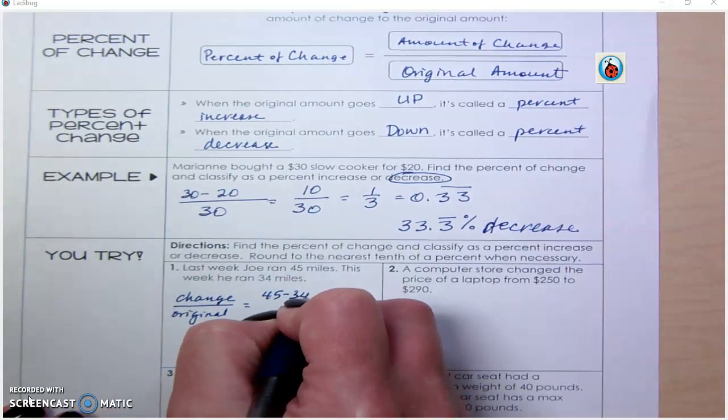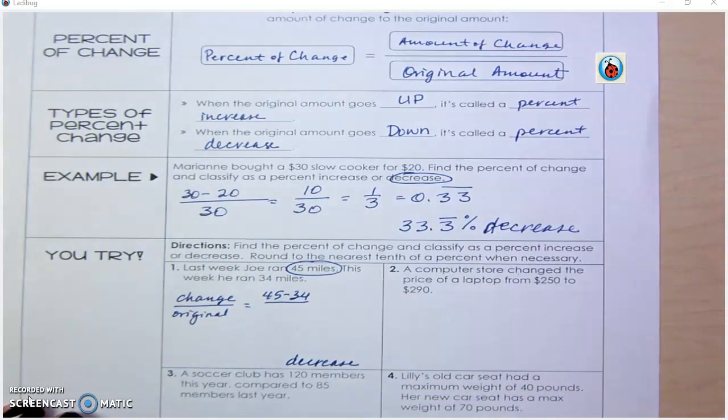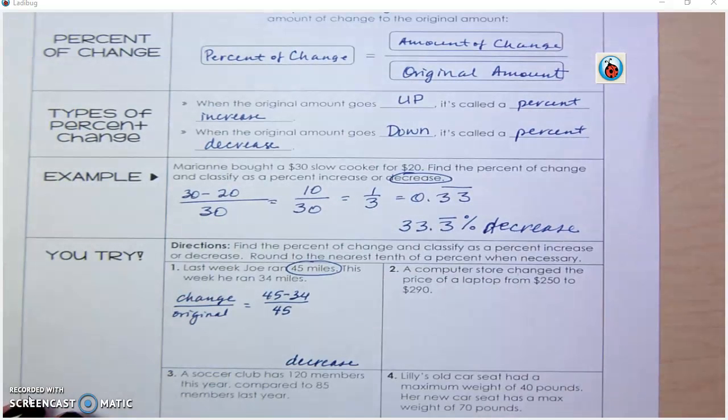45 minus 34. And don't forget, guys, what was the original? What happened first? Yeah, 45 miles. So we kind of need to follow through the time frame.